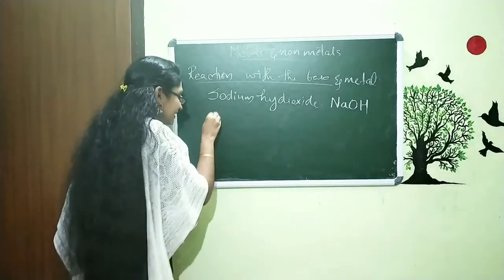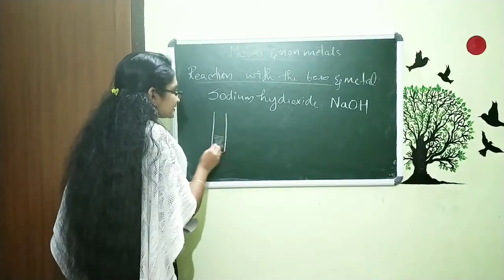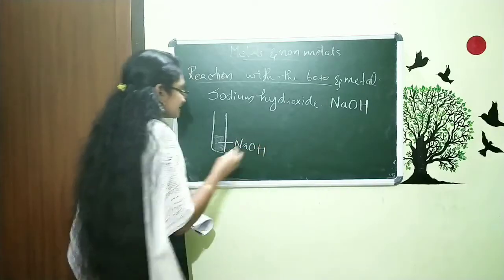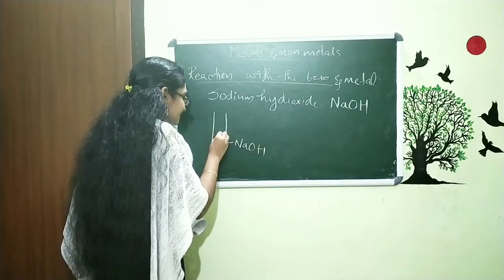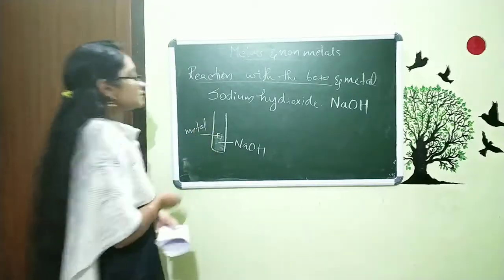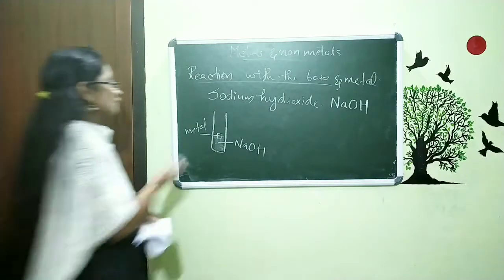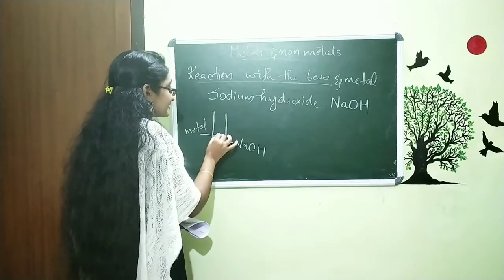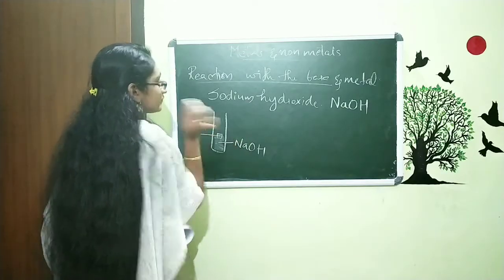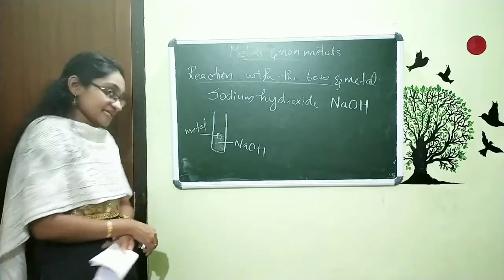Again I am selecting one test tube and taking some sodium hydroxide in it, and I am putting a piece of metal in it and observing what happens in this test tube. When we observe this, you can see that certain bubbles form on the metal.